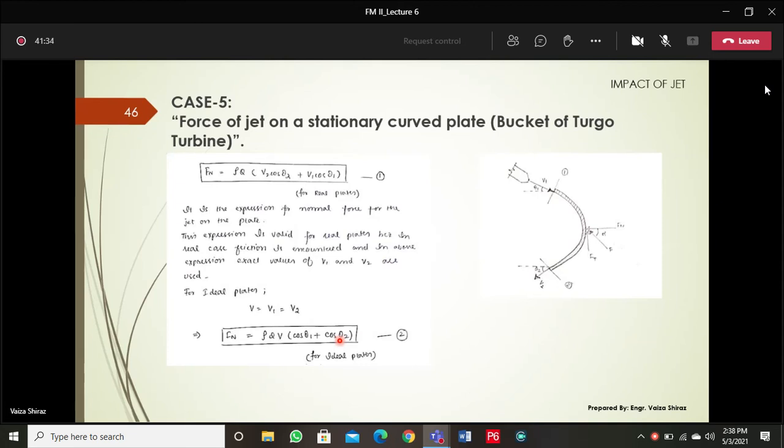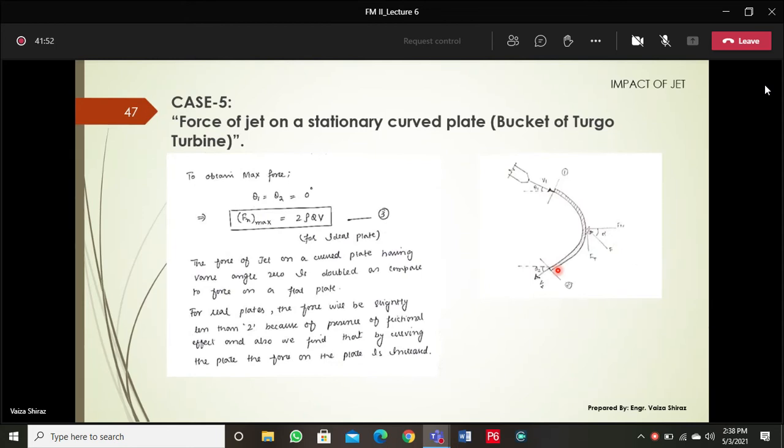If you want to make it maximum, this theta 1 and theta 2 should be 0. ठीक है, आप दोनों को 0 पुट करें. It means that the V1 is entering exactly horizontal and V2 is leaving exactly horizontal. उस केस में what will be your Fn? That will be maximum और वैल्यू कितनी होगी? 2 rho QV. Again, this is for the ideal case because you are using V.